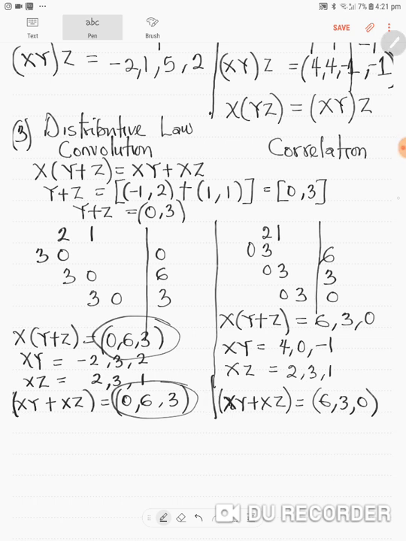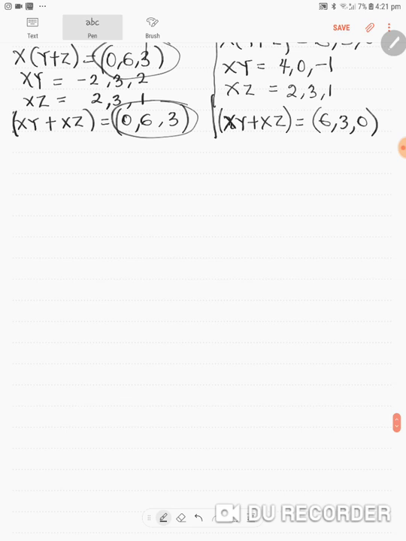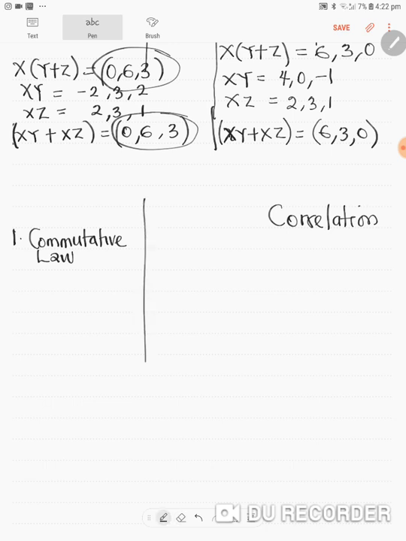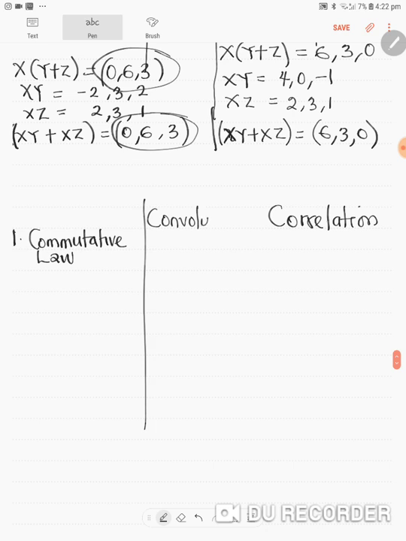Altogether, assuming I put a table with convolution and correlation, and I say number 1, commutative law: convolution obeys, but correlation doesn't.